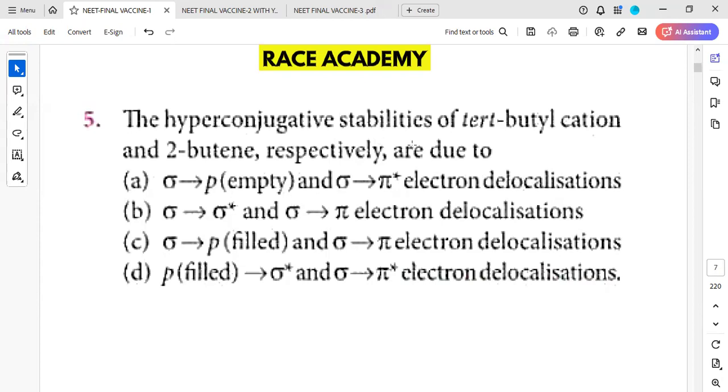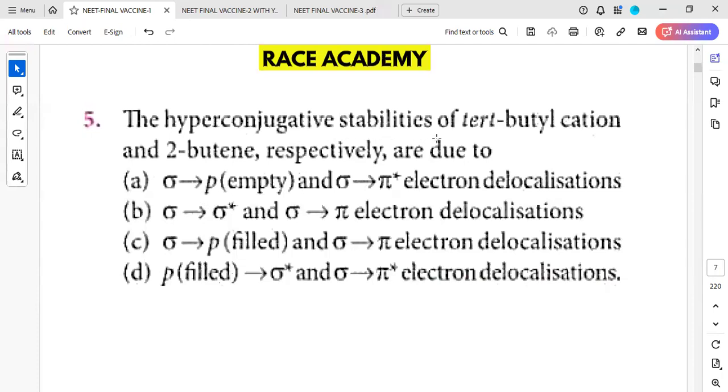The tertiary butyl cation has the sigma bond and empty p orbitals, and their delocalization makes the tertiary butyl cation stable. Whereas sigma and pi star electron delocalization is observed in 2-butene. So the first option is the right option for this question.